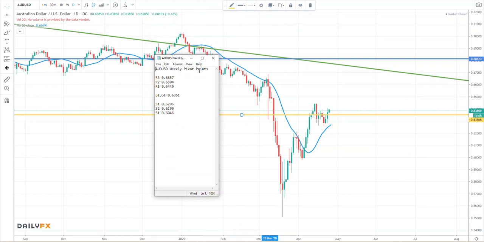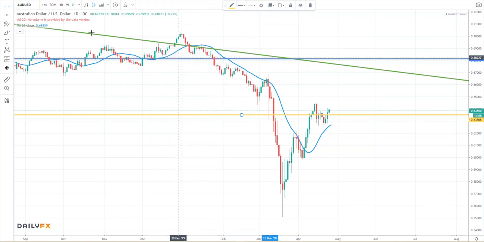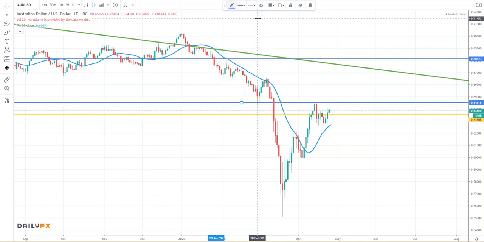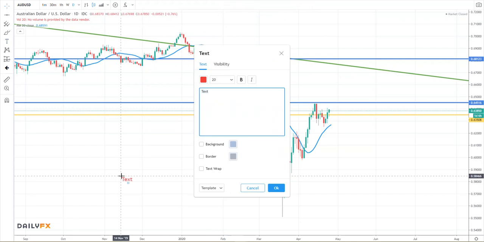First resistance, R1, 64.49, right there. So that makes sense. That's our most recent high. 64.49 is R1.